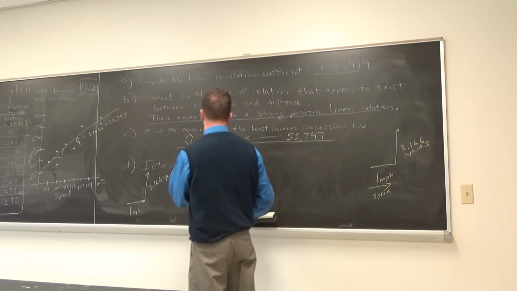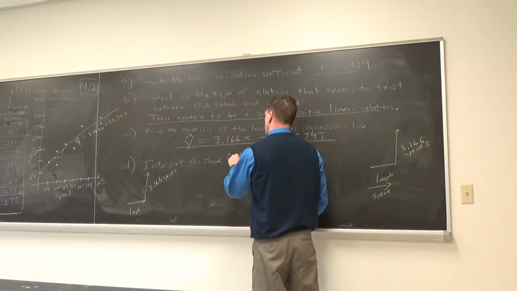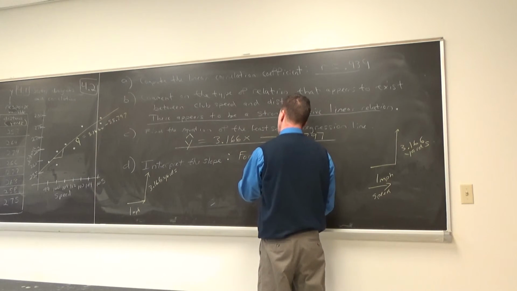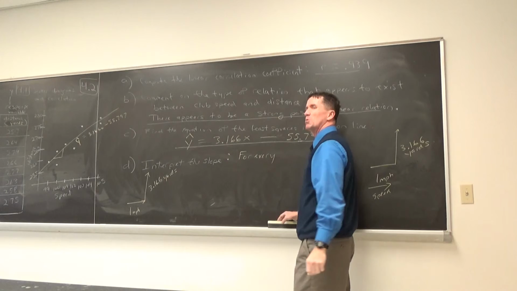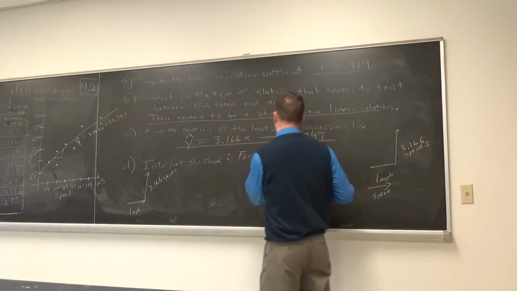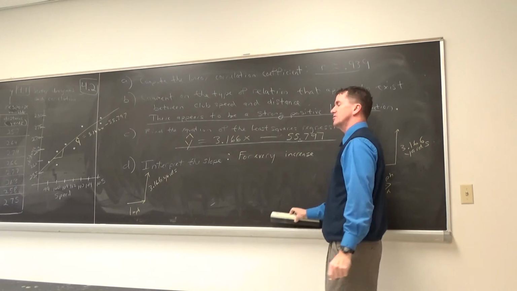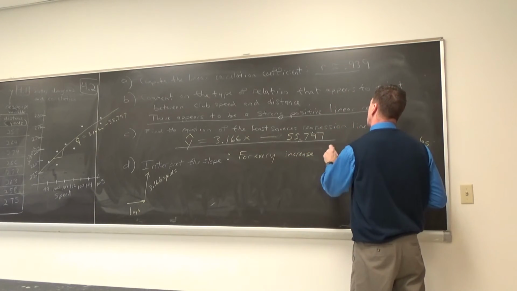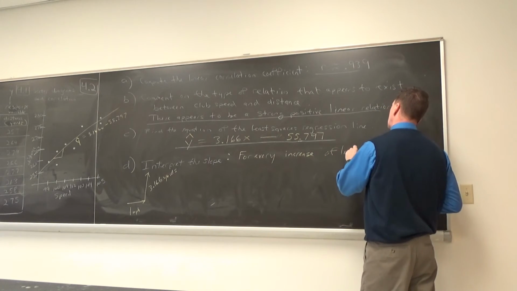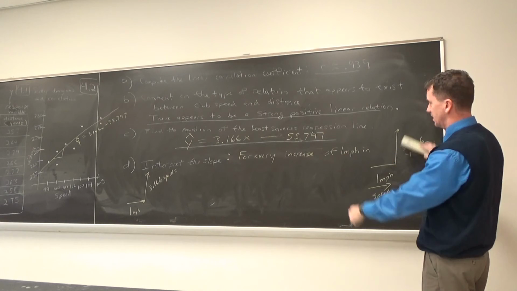All right, interpret the slope. Here I go, and I'm gonna talk about that right there. For every increase of 1 mile per hour in speed, so I'm gonna erase this image, I got it over there.